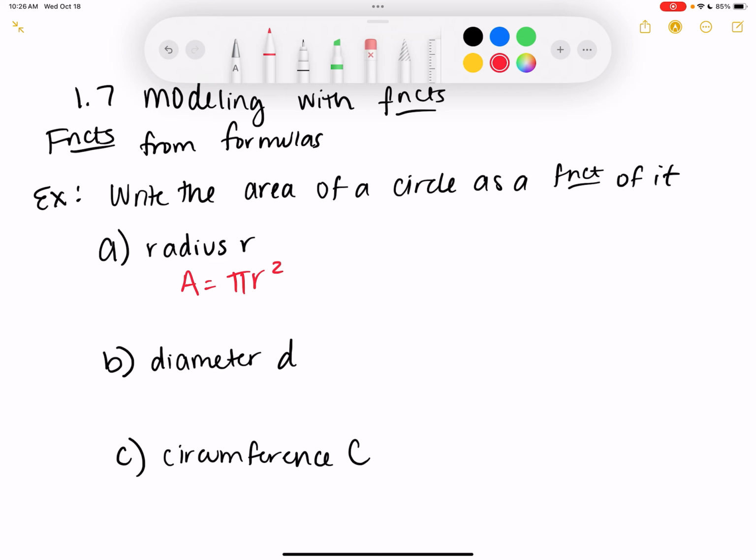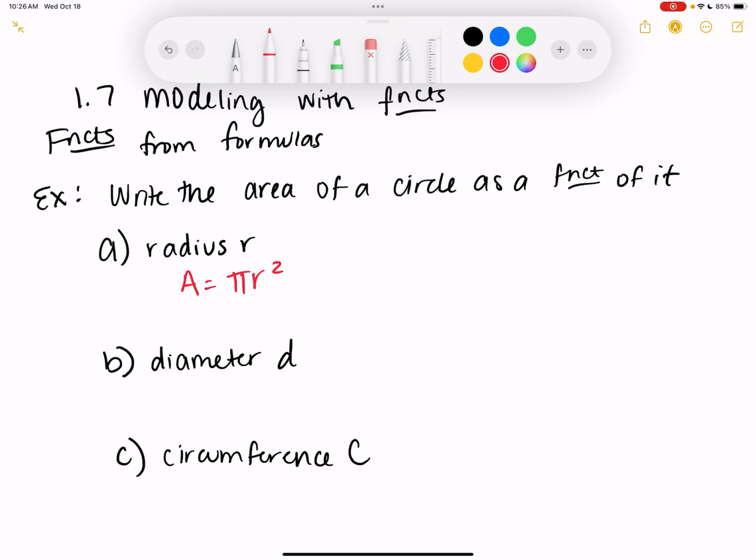But diameter d. So how do we relate diameter to radius? We know that normally it's pi r squared. Radius is half the diameter, or you could say diameter is double the radius, but we want it in terms of d.